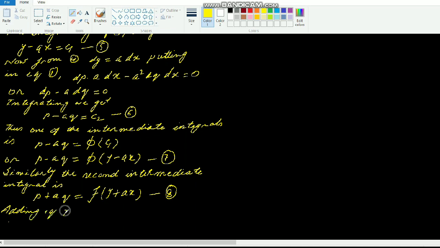Adding equation number 7 and 8, we get aq is cancelled by minus aq, so on the left hand side 2p is equal to, on the right hand side, phi of y minus ax plus f of y plus ax. Let it be equation number 9.